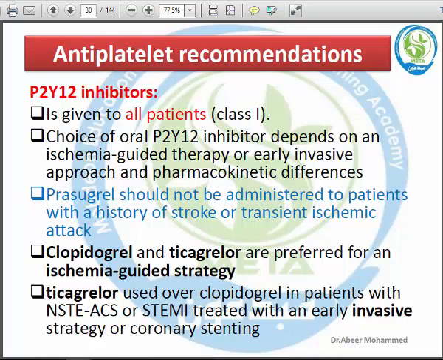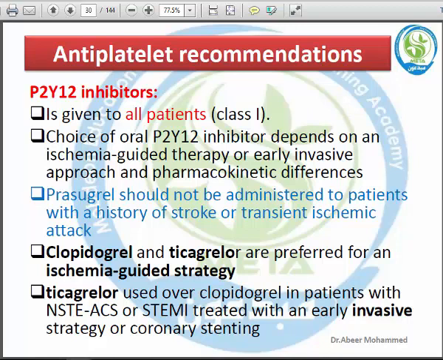كيف أنا بختار من ال P2Y12 inhibitor؟ بيعتمد على إذا كان أنا ماشية مع ischemia guided therapy or early invasive approach. Prasugrel should not be administered to patient with history of stroke or transient ischemic attack لأن البروزوجريل عنده higher bleeding profile.